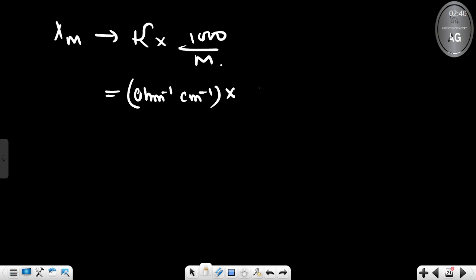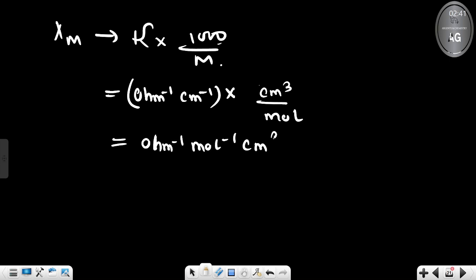The liter will not come because of the 1000, so this will become centimeter cube divided by mole, because I am taking it as 1000, so that value has been converted to centimeter cube. Clear? So centimeter cube and mole. So what is going to be my unit? Ohm inverse, mole inverse, centimeter square.